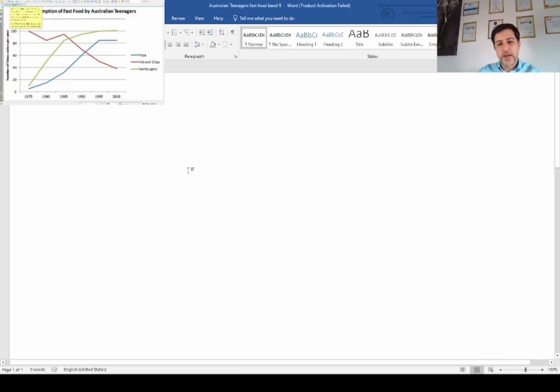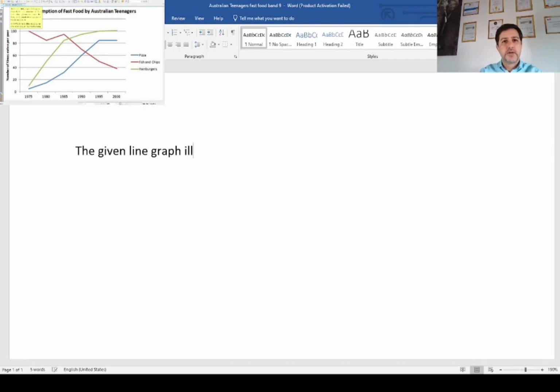I would write like this. I would start like this. The given line graph illustrates the consumption of fast food by Australian adolescents.